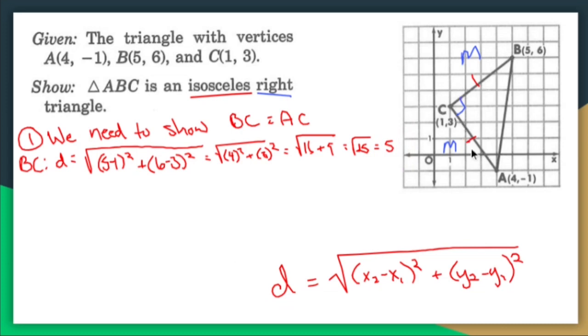Now I'm going to show that AC is 5. AC, the distance, is going to use the distance formula again. Let's call A my 2's and C my 1's. So let's do 4 minus 1 squared, plus negative 1 minus 3 squared.